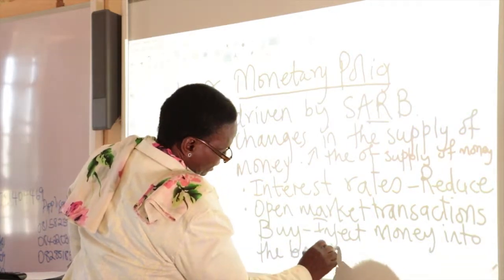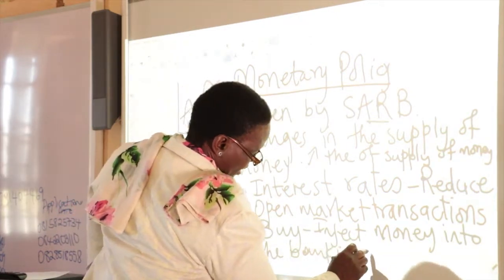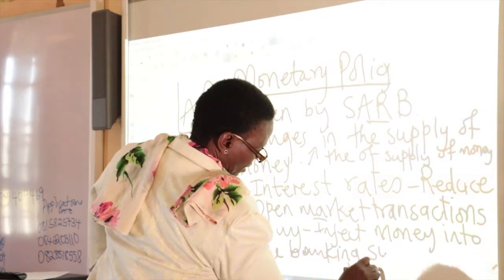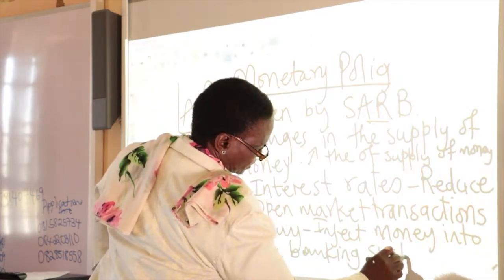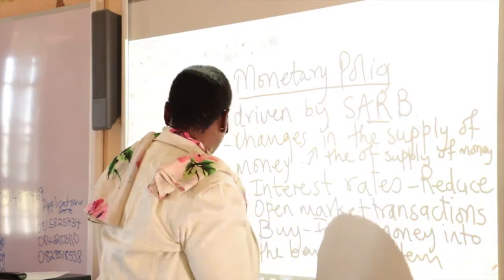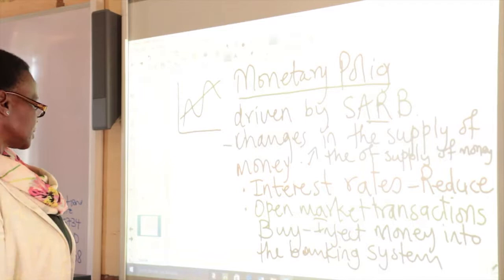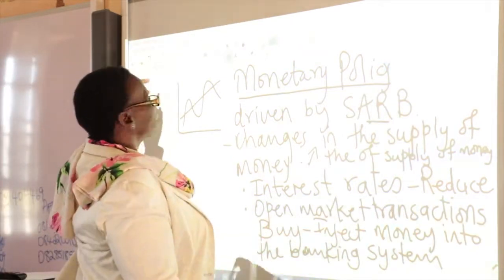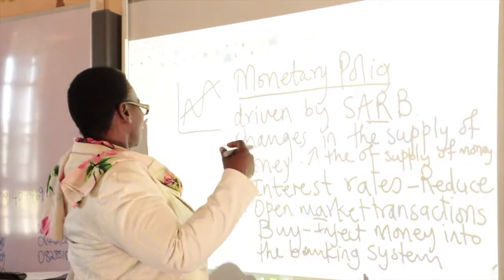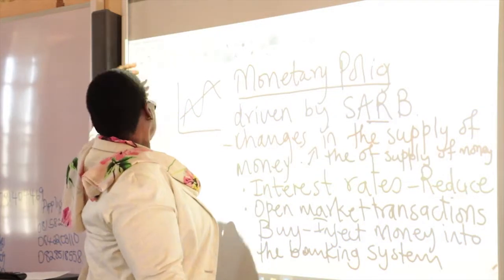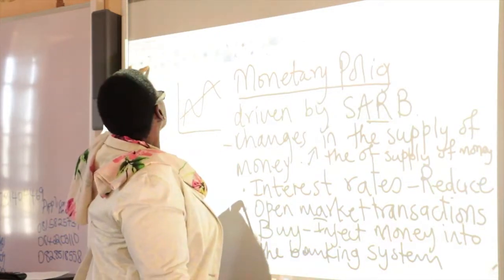And once the money is with the commercial banks, then the people can come and raise loans, and that would stimulate aggregate demand, and economic growth and economic development will then be stimulated.